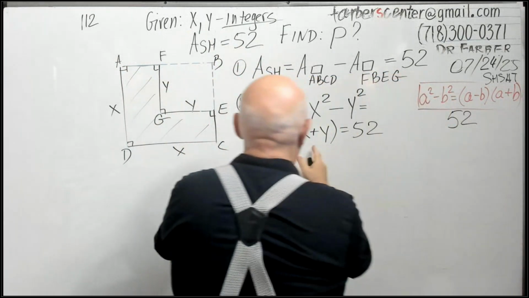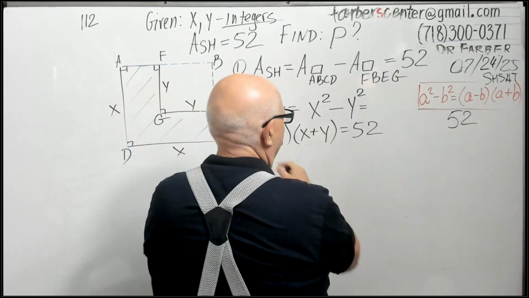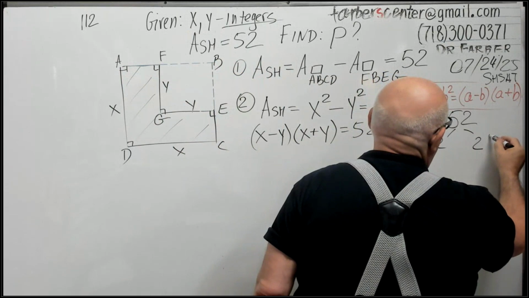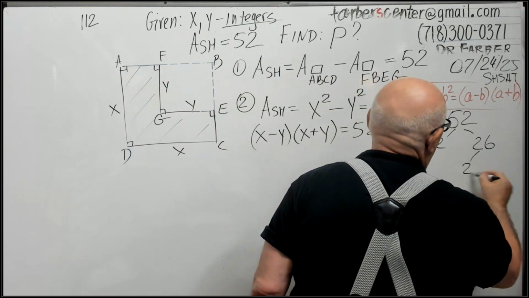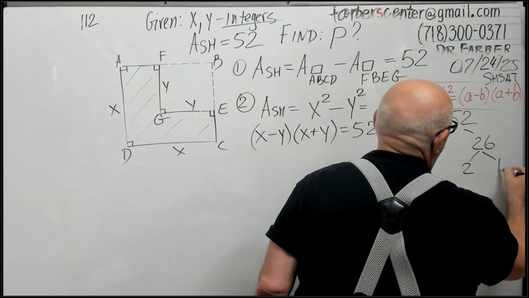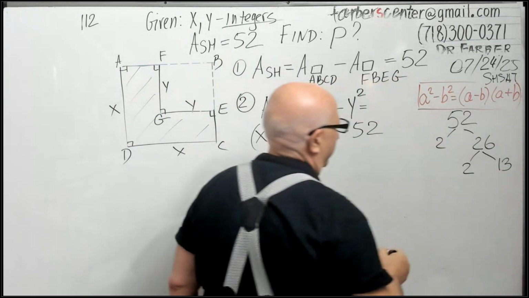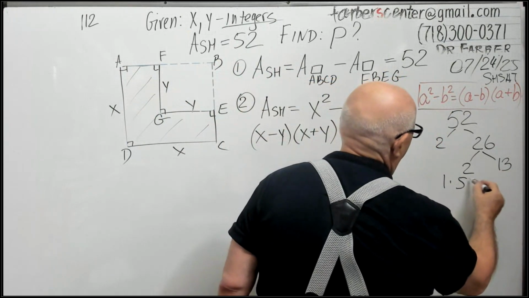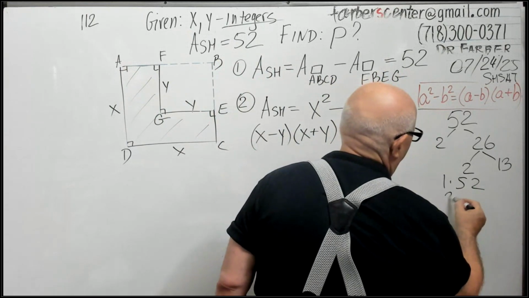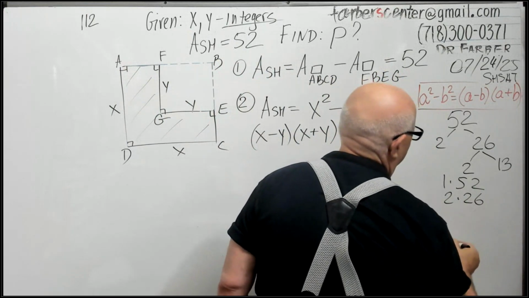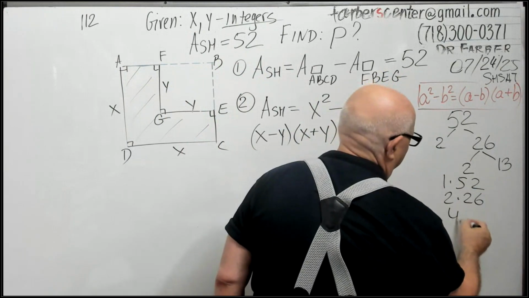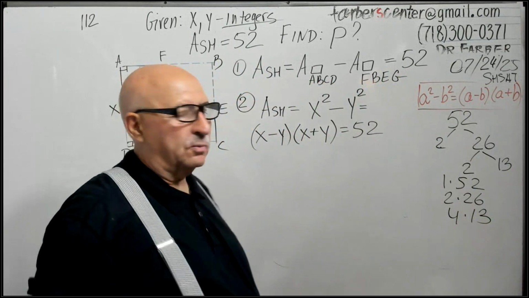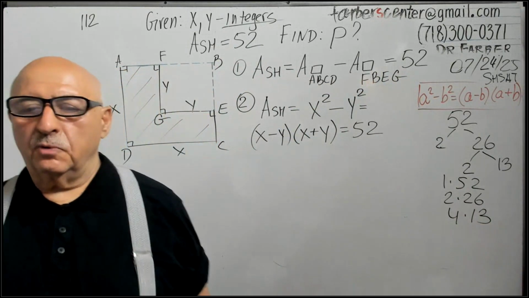You see 52 is a product of two terms: either 1 times 52, or 2 times 26, or 4 times 13. This is the only way we can get 52. Do you know another way?